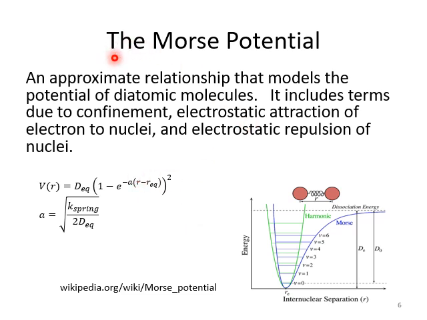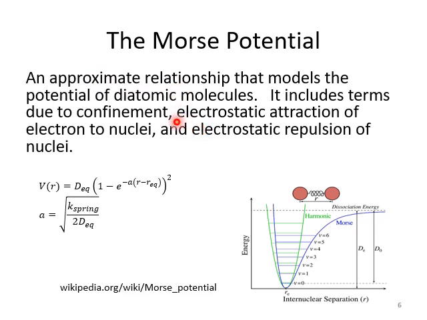There's a useful relationship that helps us get a good approximation for what is going on in the molecular potential, which is called the Morse potential. This is not in the textbook, but I think it's useful to know it. So the Morse potential is an empirical approximate relationship.